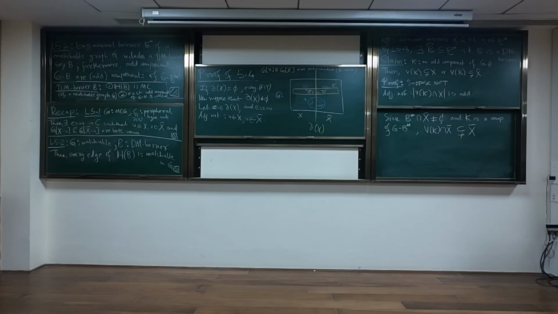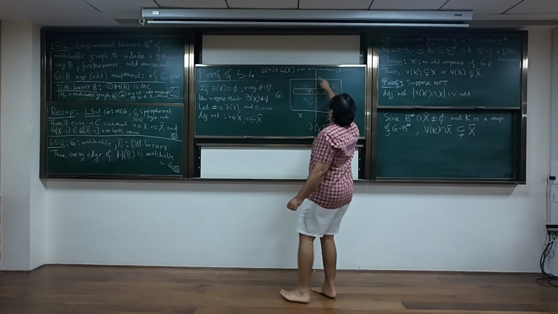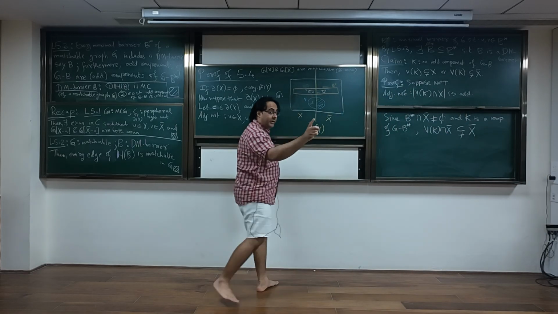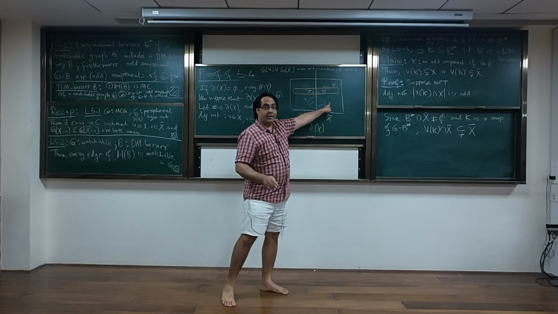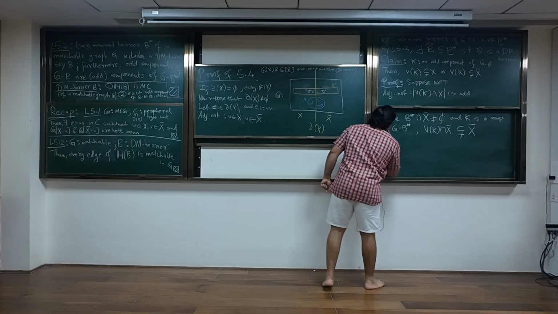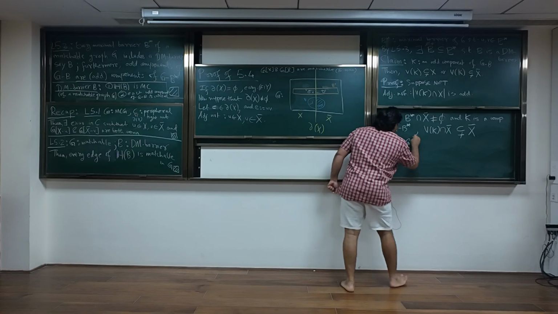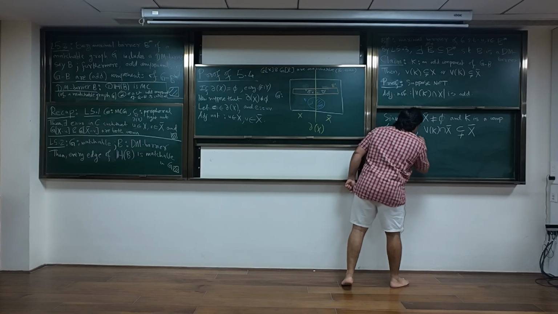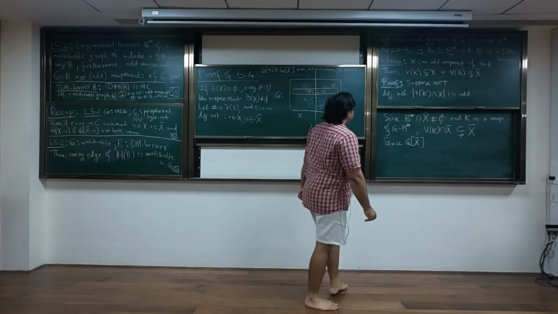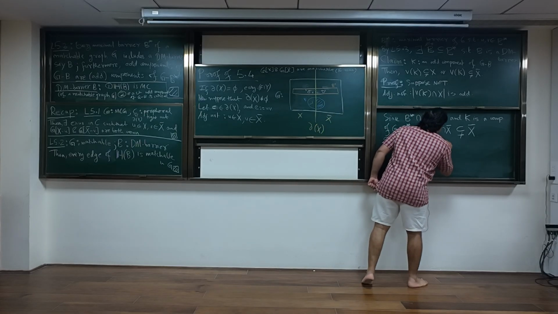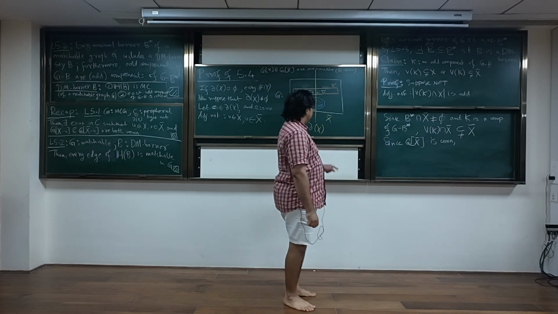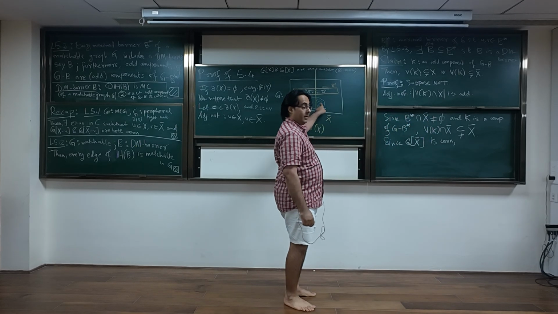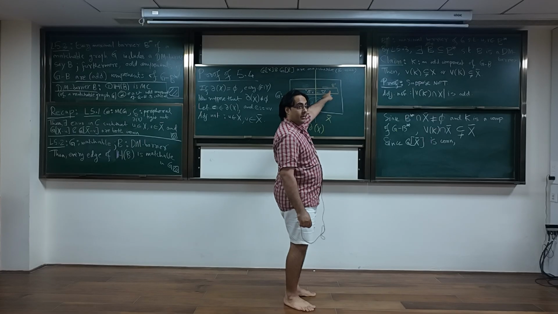You all agree that this is a proper subset of this entire part. But now we will use the fact that this is a connected graph. Since the graph induced by X bar is connected, there is an edge that goes from this set to the outside.